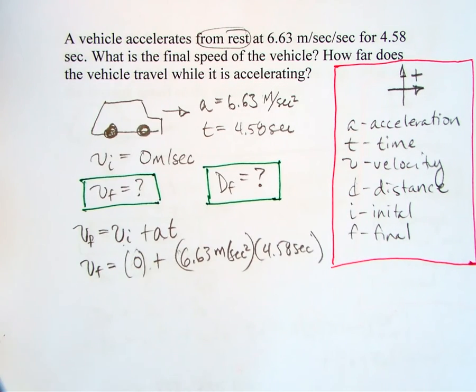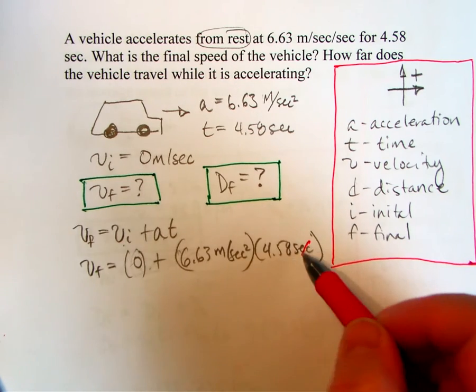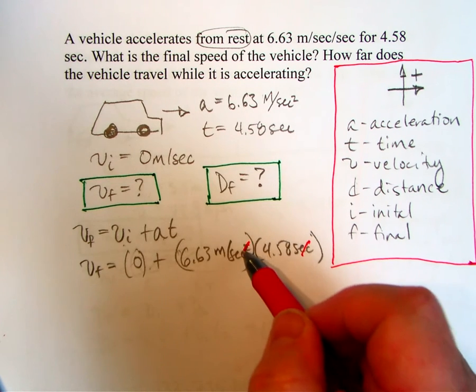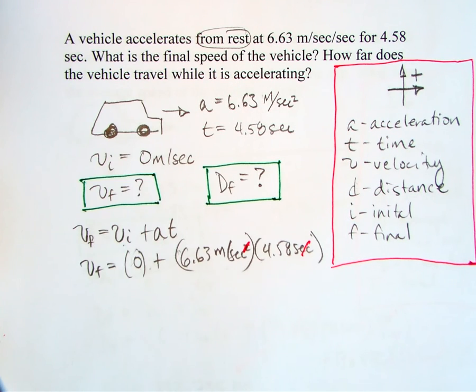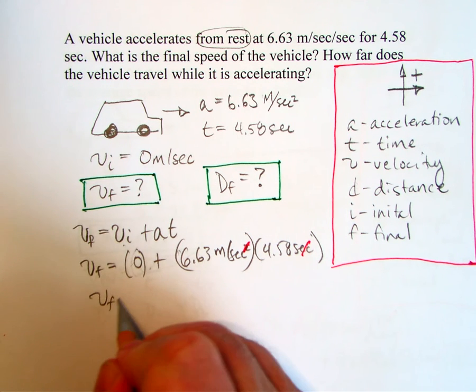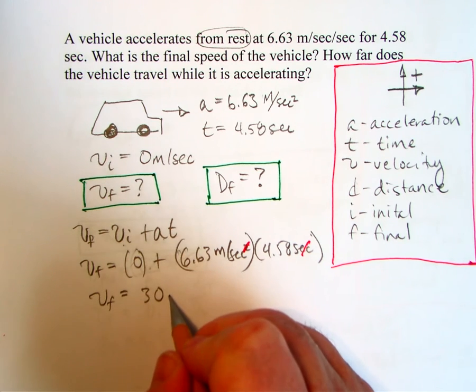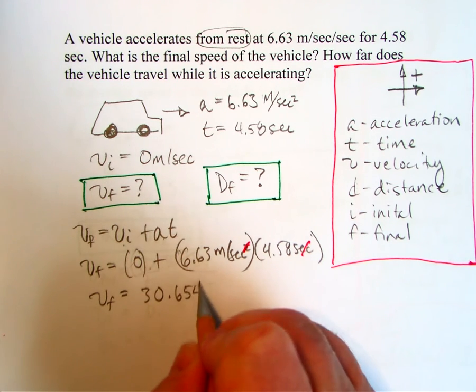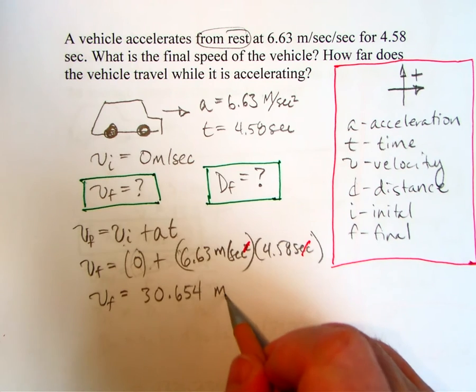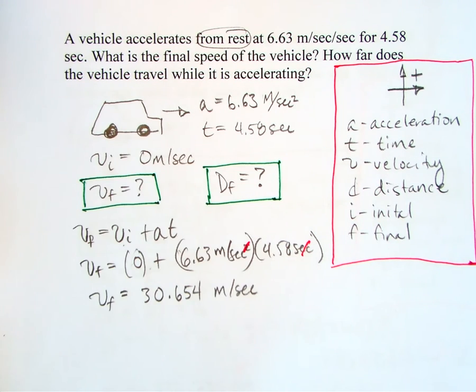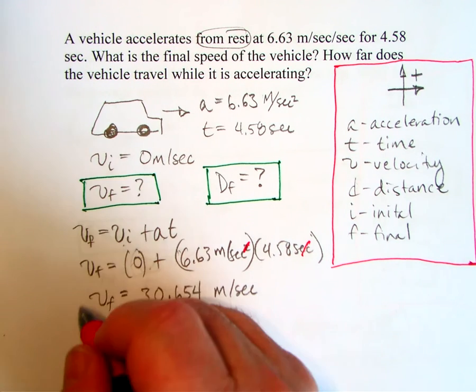And if you look, this seconds divides by this seconds, and that takes that squared off and just leaves you with seconds. You're going to have meters per second as our units. And that calculates out to be 30.654 meters per second. There's one of our answers.